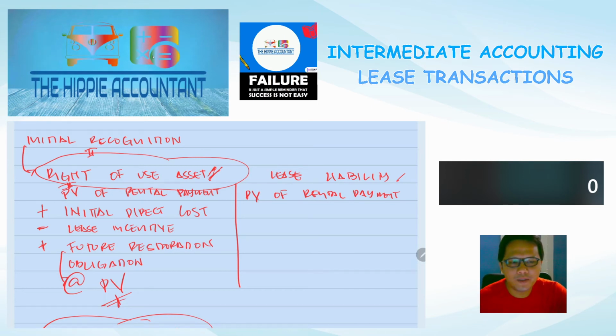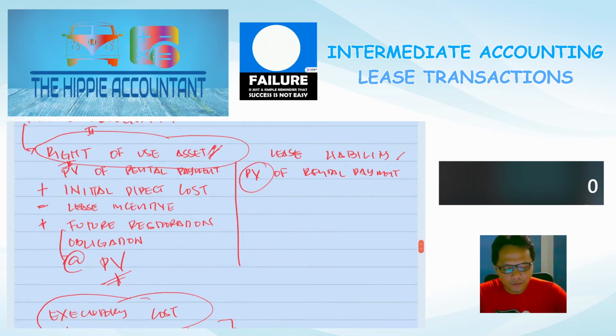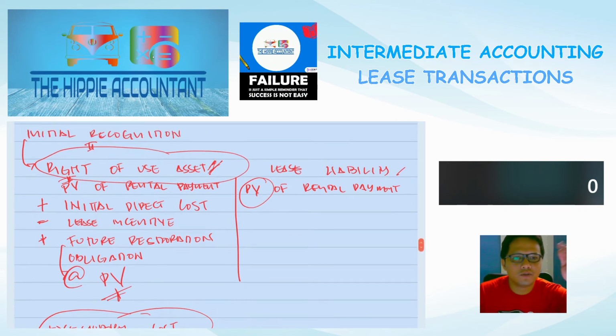That is the first component. Lease liability nga siya, utang natin na dapat bayaran in the future. Pero, at present value. Sa lease liability, walang initial direct cost. Remember that. Okay?